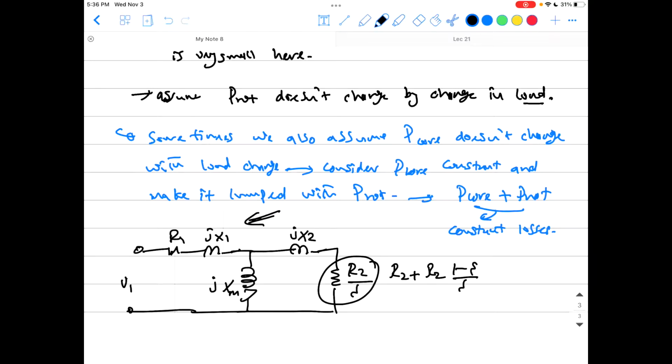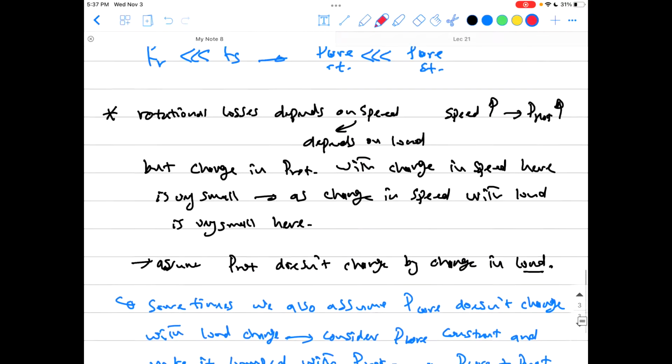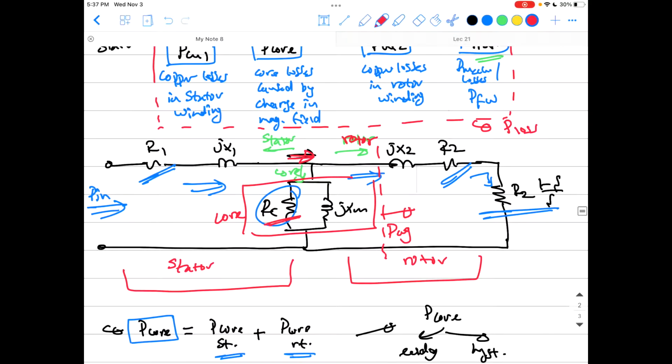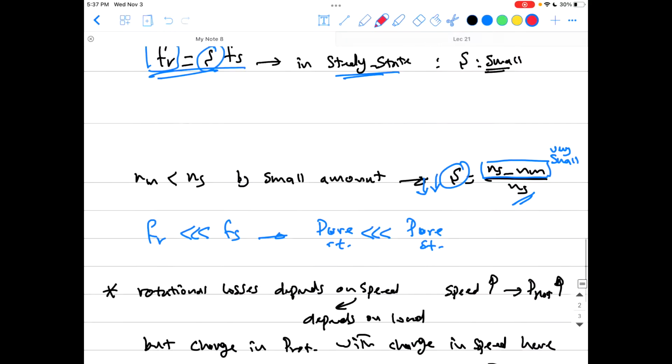So that's the equivalent circuit you can use if the core losses are assumed constant, okay guys. You just don't have RC to bother with. So use this equivalent circuit if P core is considered constant, okay. If you don't consider it constant, you use the other equivalent circuit and have RC in its place and deal with this, okay guys.